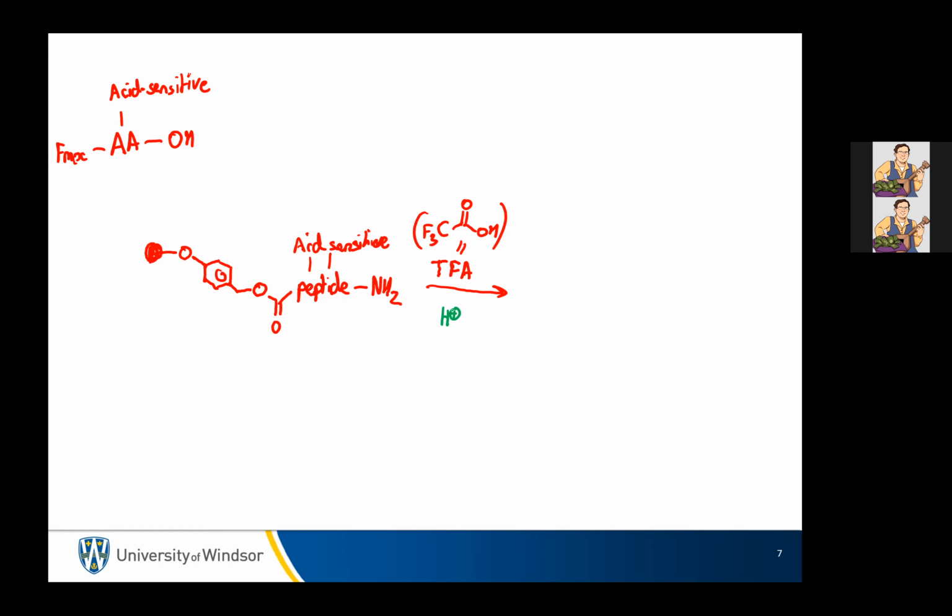Normally it's TFA, a little bit of water, a little bit of triisopropylsilane, sometimes a little bit of phenol.